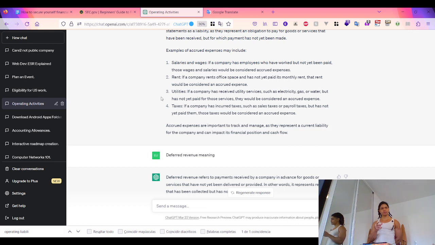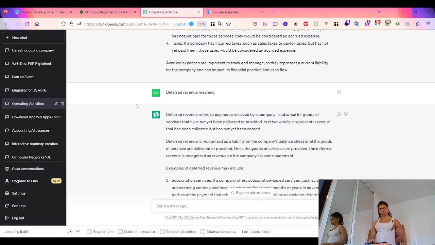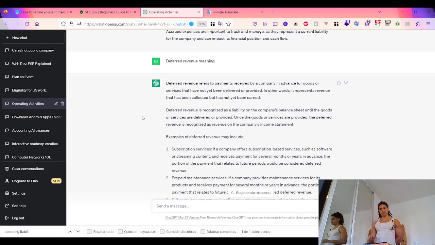In Spanish it is una ganancia diferida. It's something that I already paid for, but I haven't received. Or a payment that a company made in advance for goods or services that have not yet been delivered or provided.